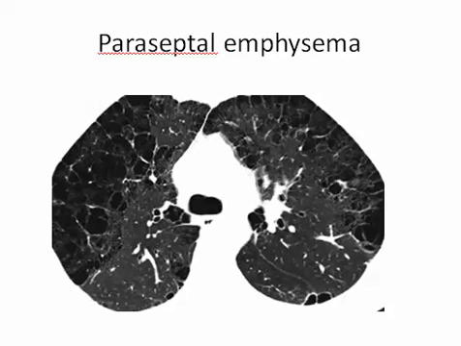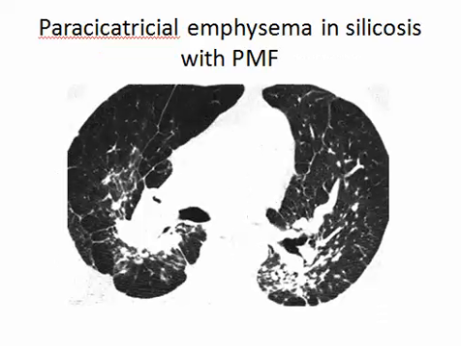It is bilateral subpleural with small bullae. And this is cicatricial. Of course, this is a case of asbestosis, silicosis, and you have what is known as the progressive massive fibrosis.